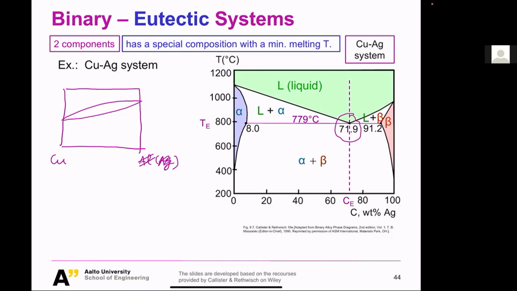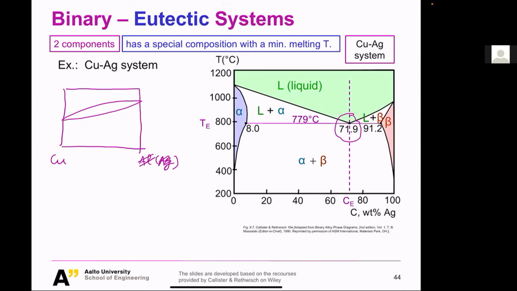And you see, if we try to combine them into whatever composition, there's only one point, neither pure copper nor pure silver nor any combination in between, but only this one. If we put 71.9% of silver into copper and create such a mixture, at that point you can melt your mixture at the lowest temperature.